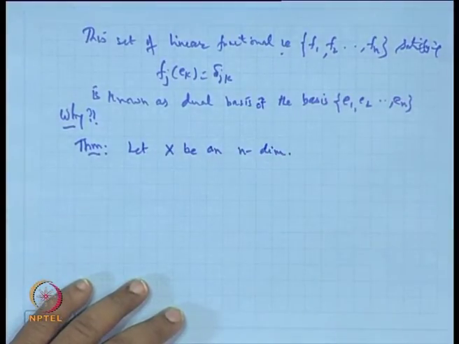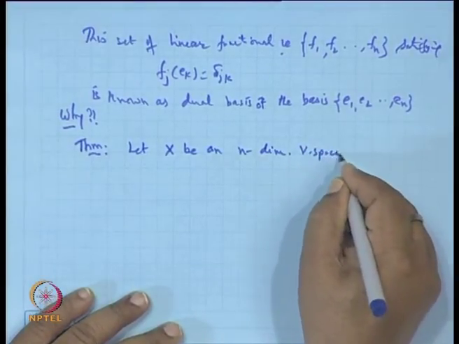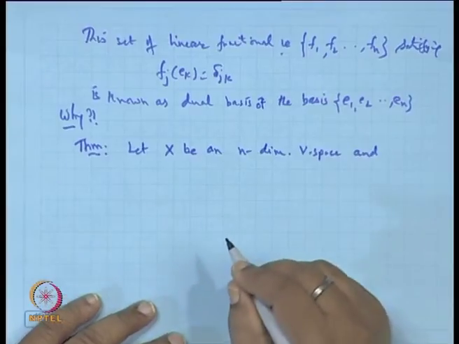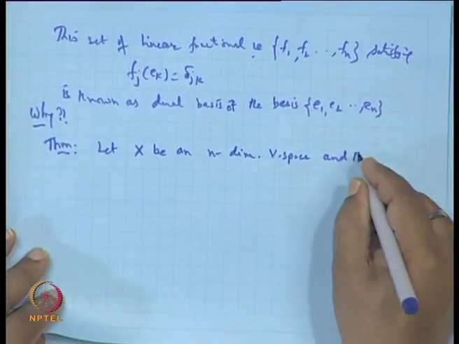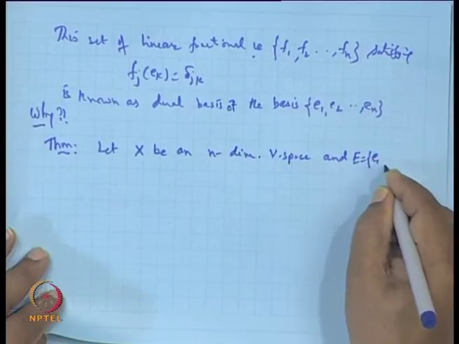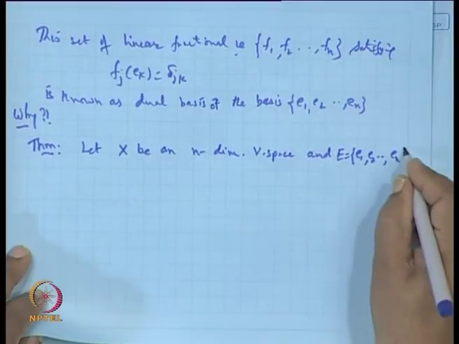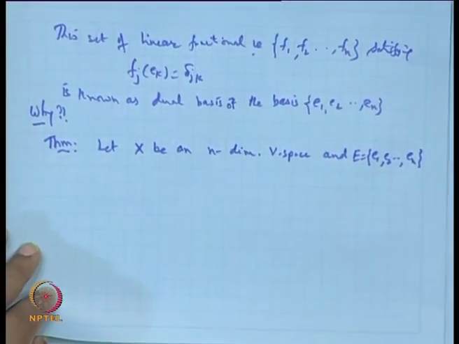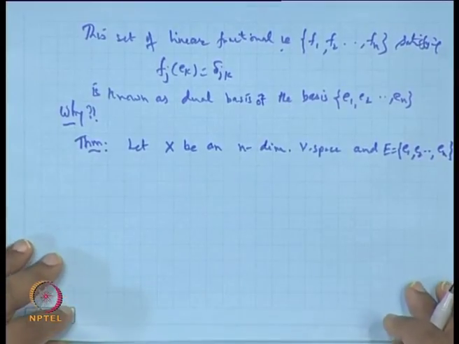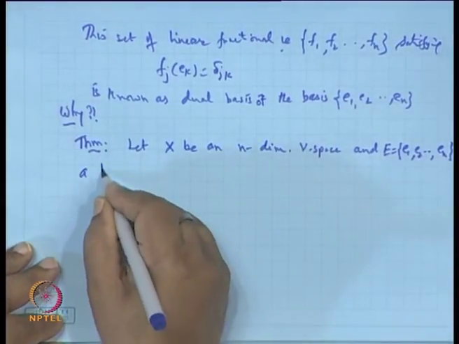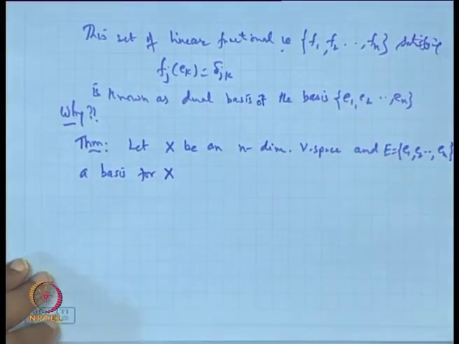vector space, and E, which is E1, E2, En, a basis for x.